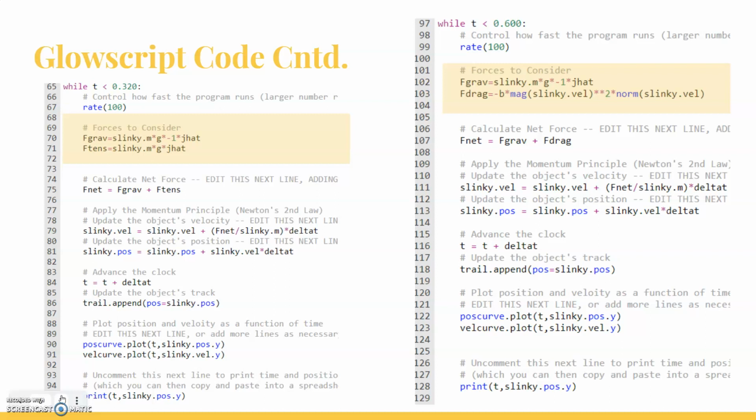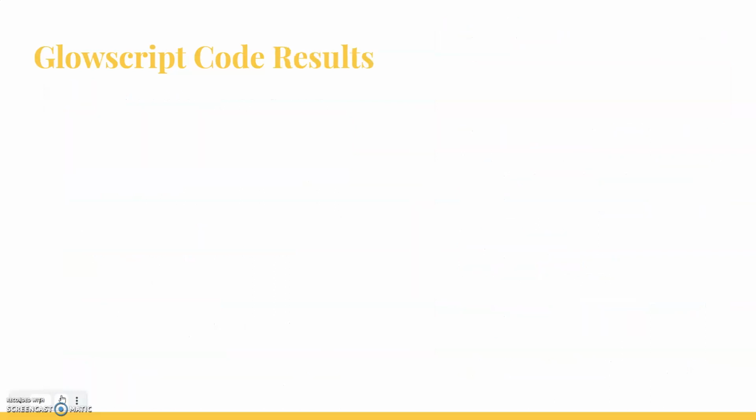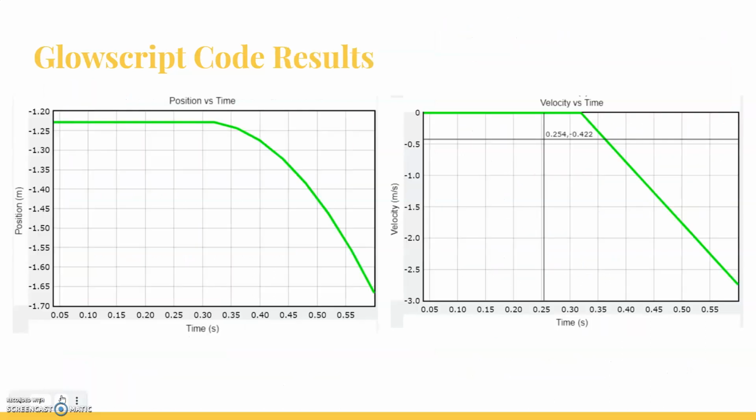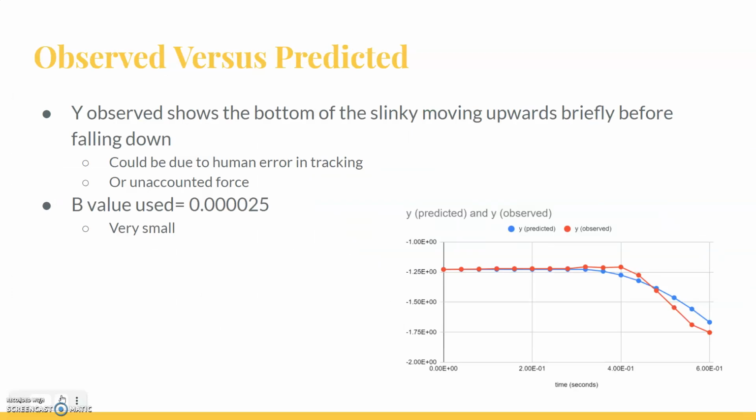And both of these use Newton's second law and the momentum principle to determine the change of velocity, the new velocity, and the new position. As you can see, I received a position versus time graph as well as a velocity versus time graph that seemed to make sense and were very similar to my observed data.